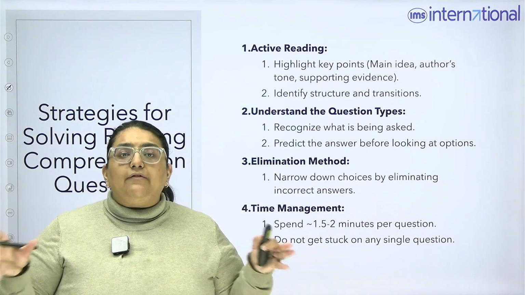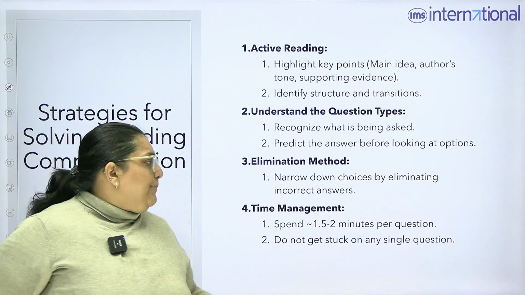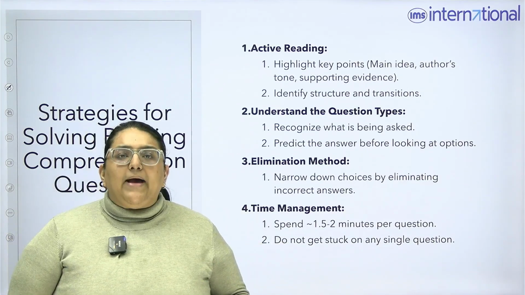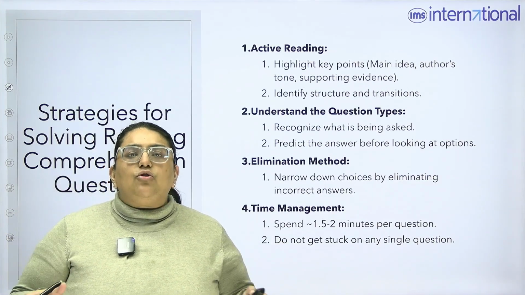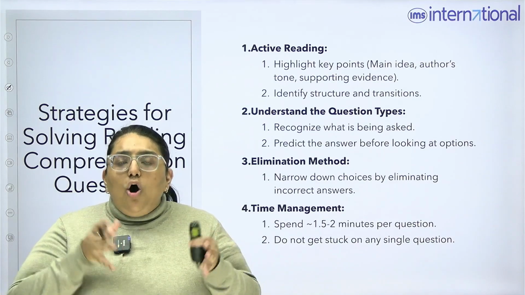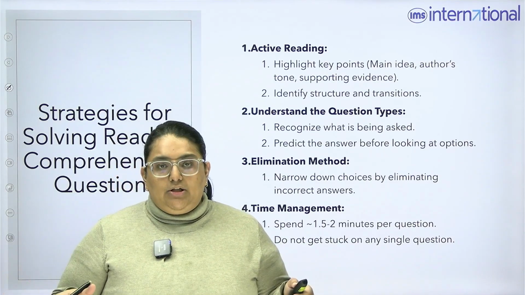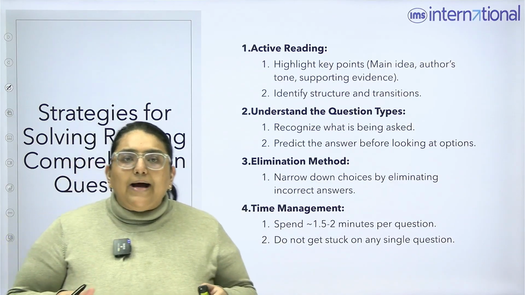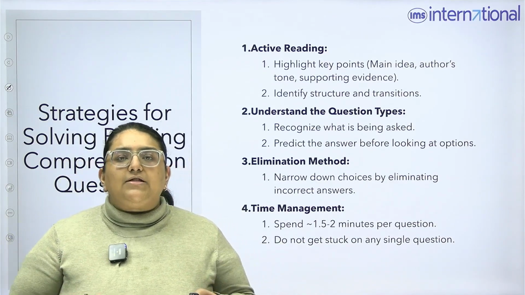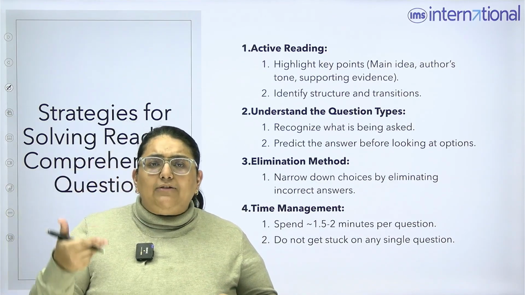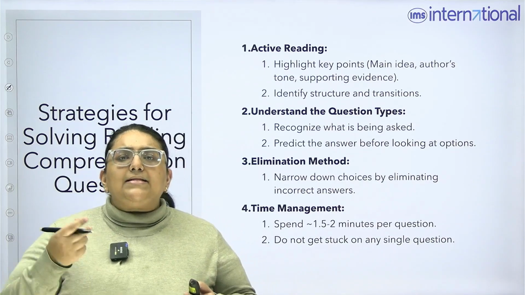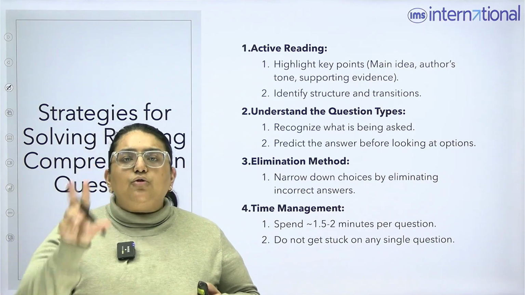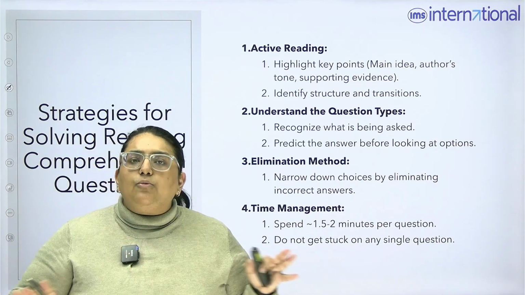And while doing everything, the one thing that you have to keep in mind is your time management. You cannot spend more than 1.5 minutes or maximum 2 minutes per question. Ideally, you only get 1.5 minutes per question, but you can cleverly save some time from the text completion or equivalence questions. So you can sometimes afford to even give 2 minutes per question, but not more than that.